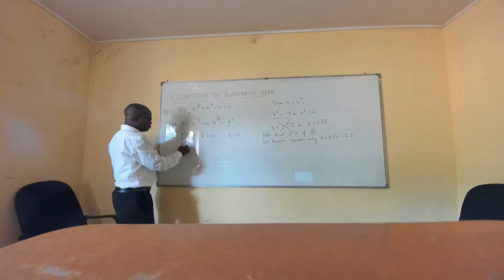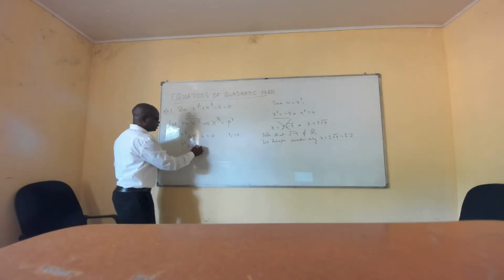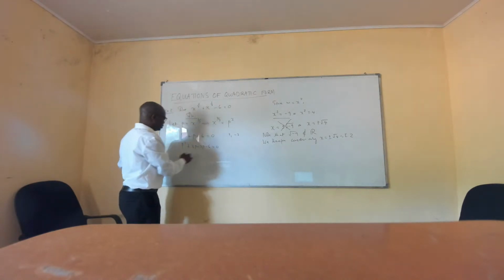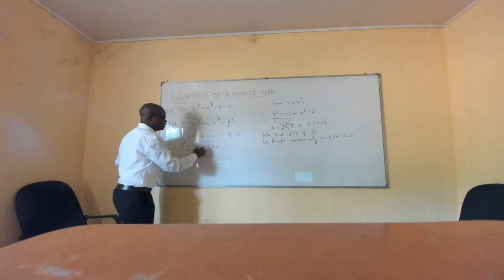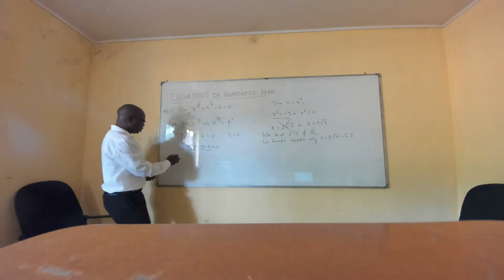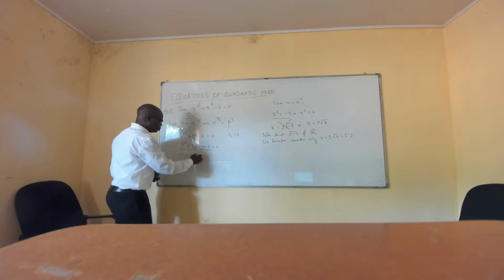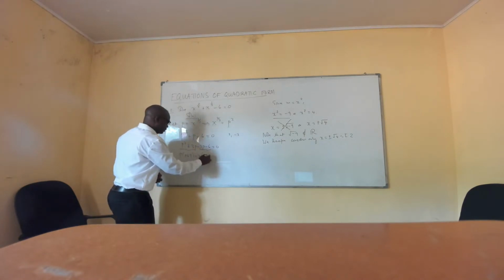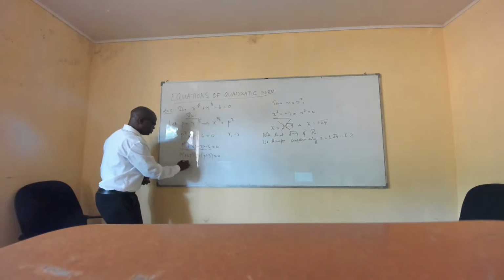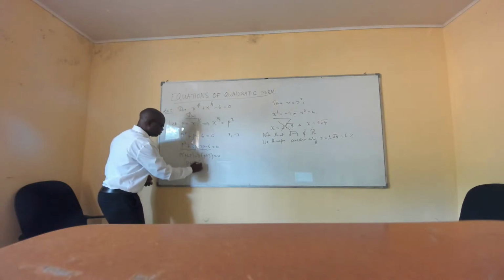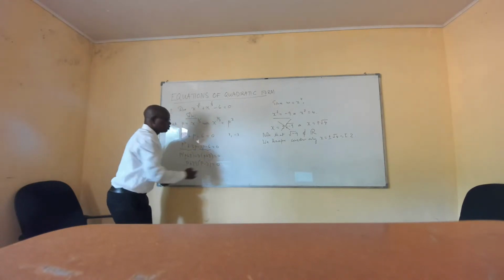Therefore, we can decompose our p as 3p minus 2p minus 6 equal to 0. And then factorizing in pairs, we have p plus 3 into p minus 2 equal to 0.